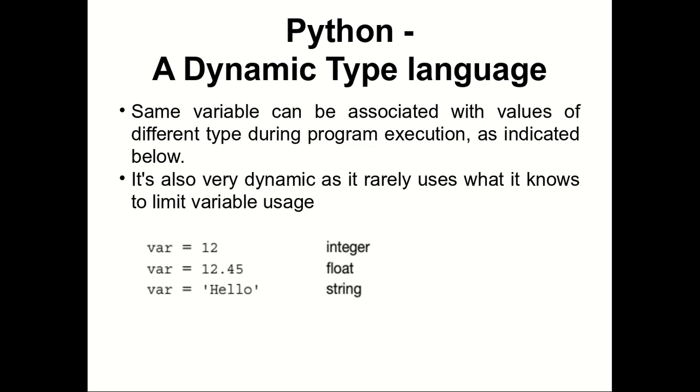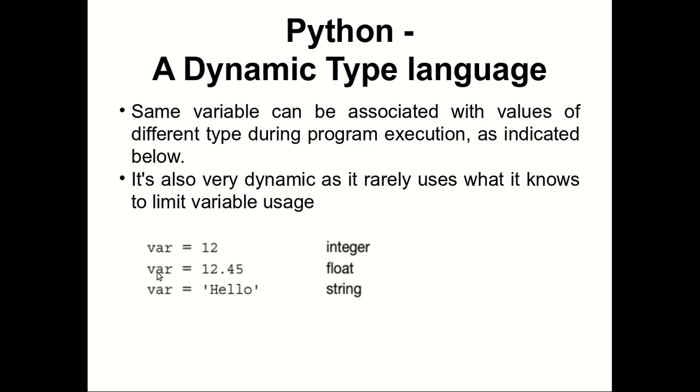Here we see an example: var equal to 12, and then we can also say var equal to 12.45, and var equal to hello. Here 12 is an integer, 12.45 is a floating point number, and hello is a string, and all can be assigned to the same variable var. This is possible in Python. A same variable can hold any type of data.